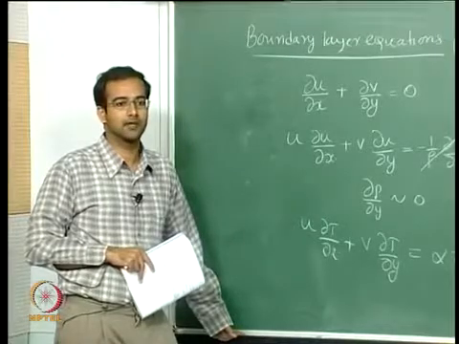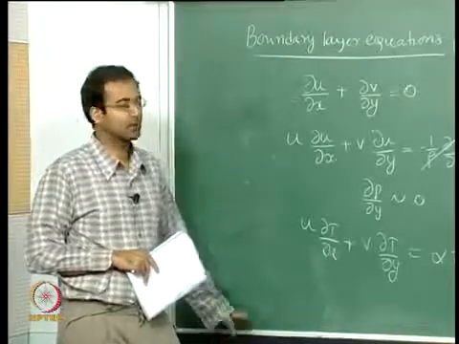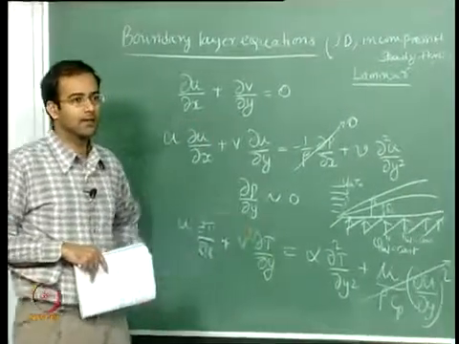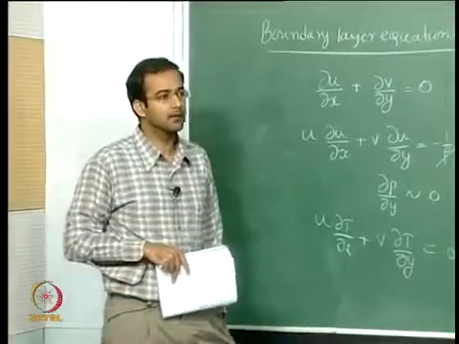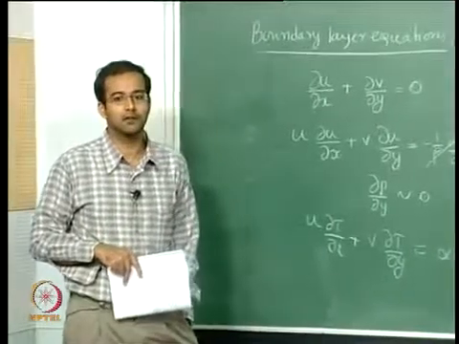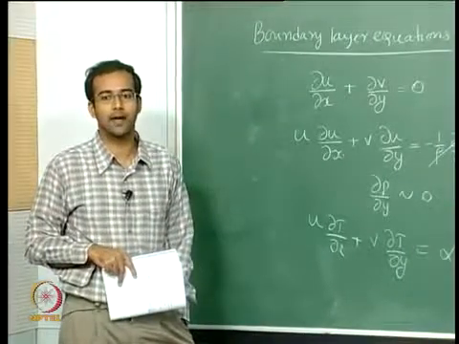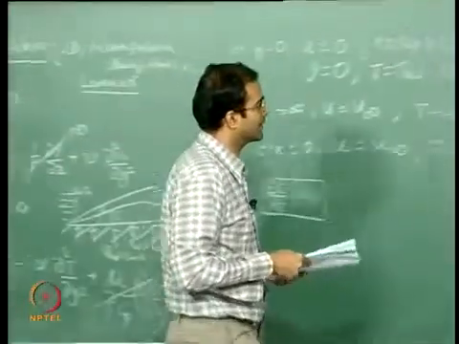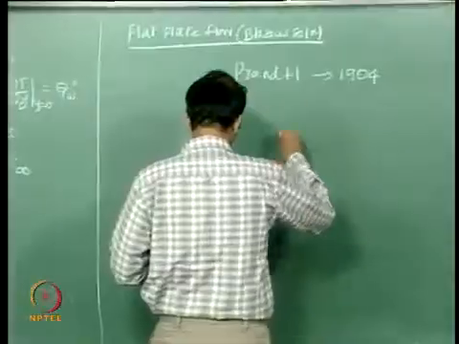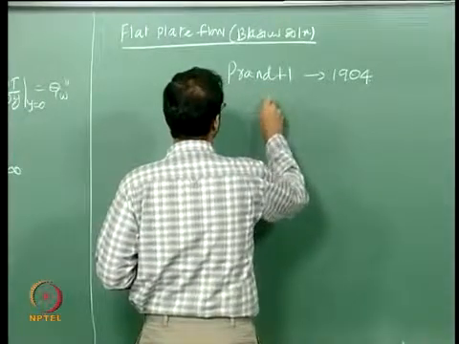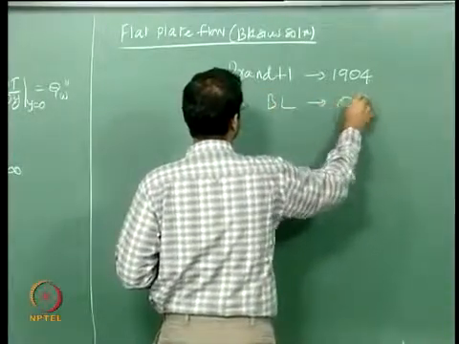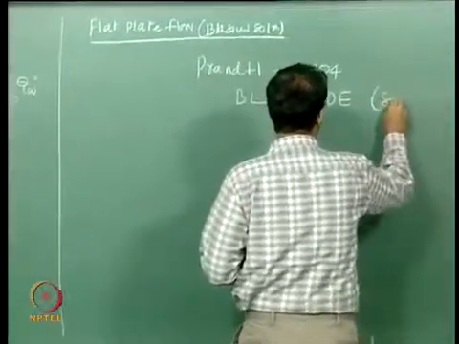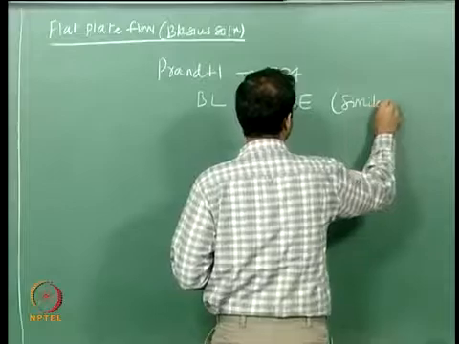So they could not find a direct closed form solution to the PDE, but Prandtl proposed that if we can convert the PDE to an ODE, an ODE is always solvable, even numerically by hand. So he proposed that the boundary layer equations can be transformed to an ordinary differential equation, and this transformation is through what is called a similarity variable.